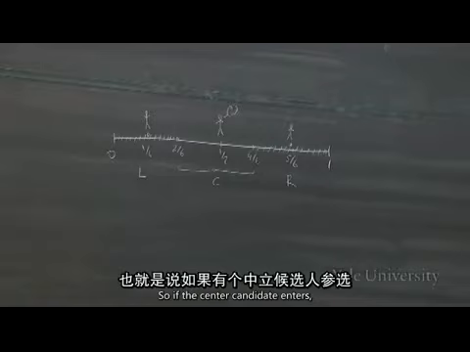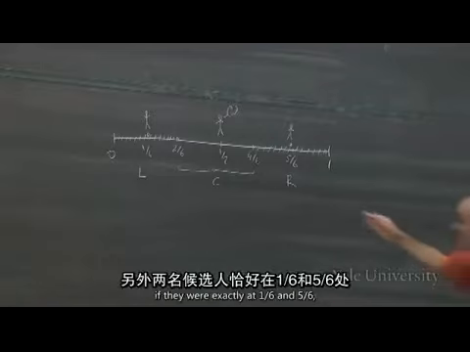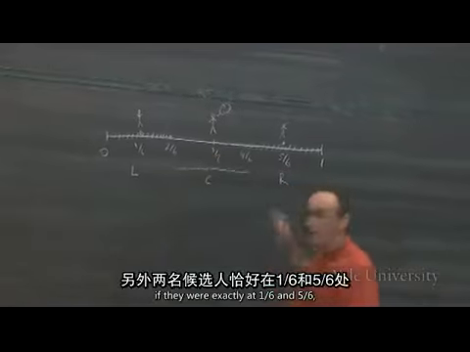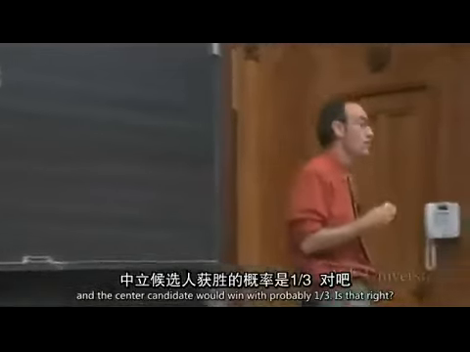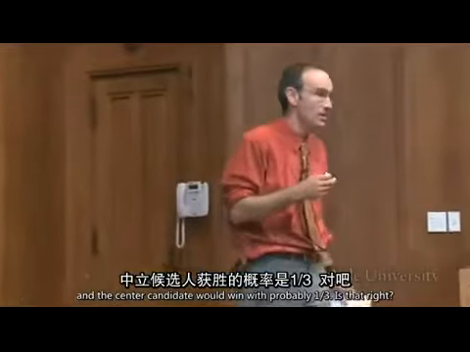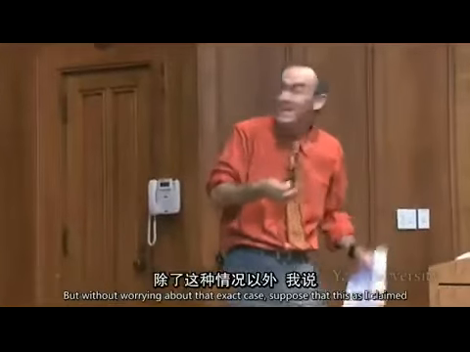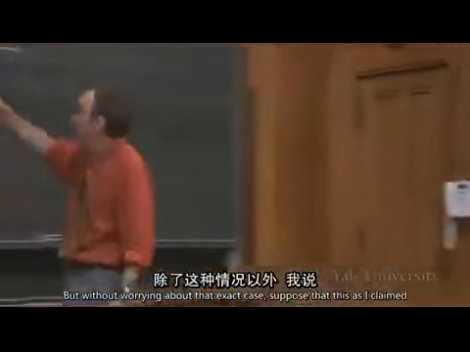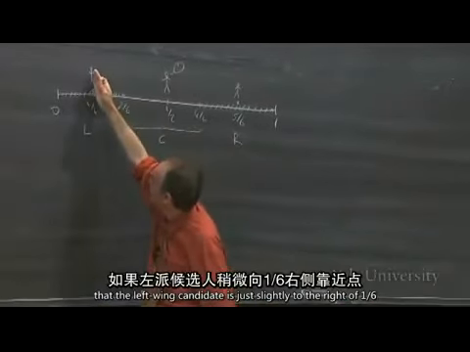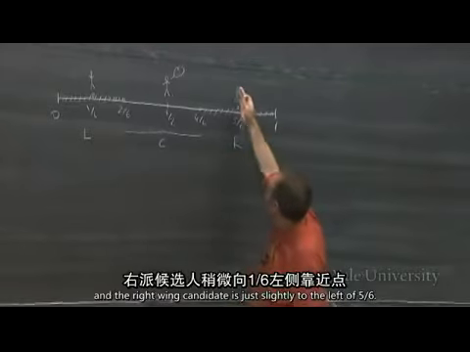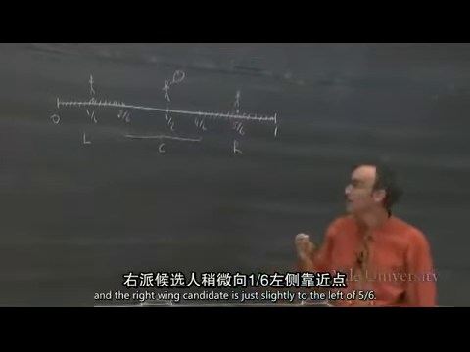All right, so if this center candidate enters, if they were exactly at a 6th and 5/6, they would split the vote, and the center candidate would win with probability 1/3. Is that right? But without worrying about that exact case, suppose, as I claimed, that the left-wing candidate is just slightly to the right of a 6th, and the right-wing candidate is just slightly to the left of 5/6.